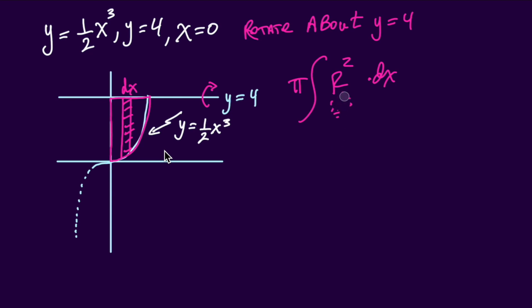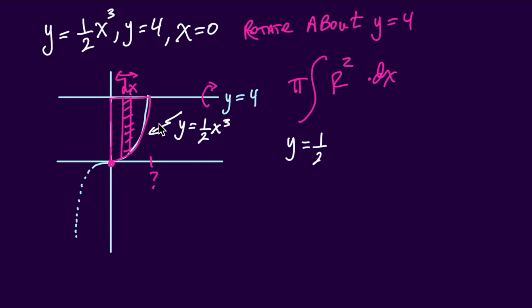If we look here, so far that is not labeled. If we're going in the dx direction, we're going to be starting at x equals 0. But the question is, what is that ending point? To do that, we're going to find the intersection point between y equals 4 and y equals 1/2 x to the third.